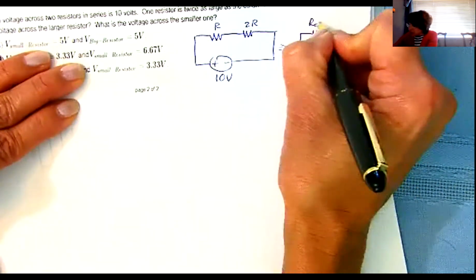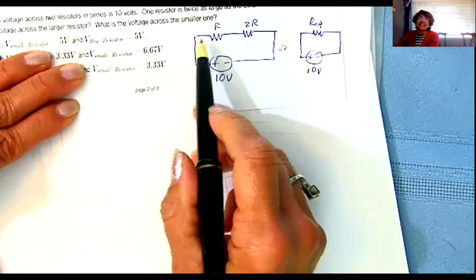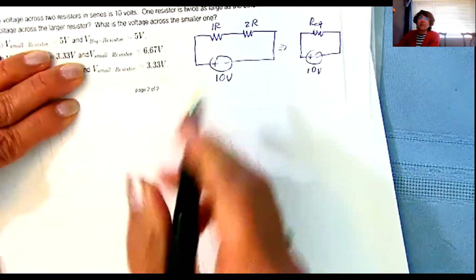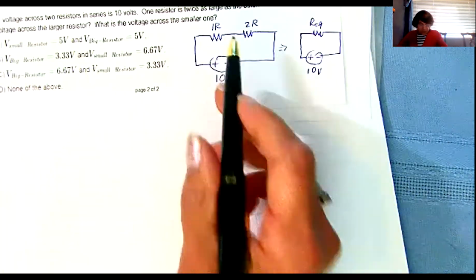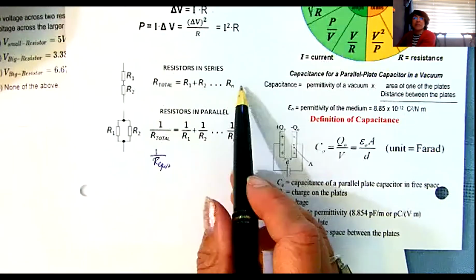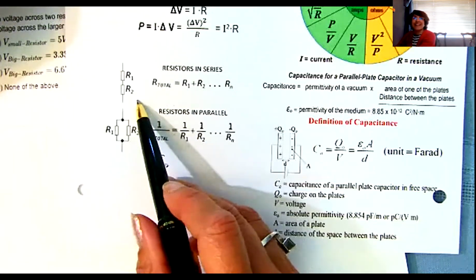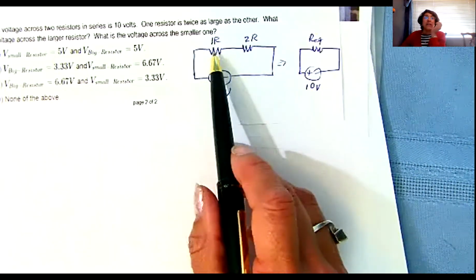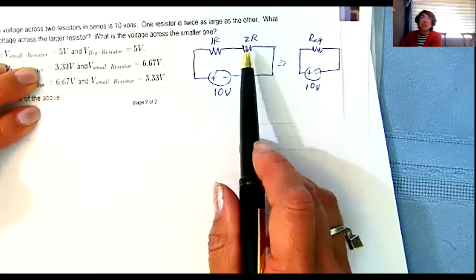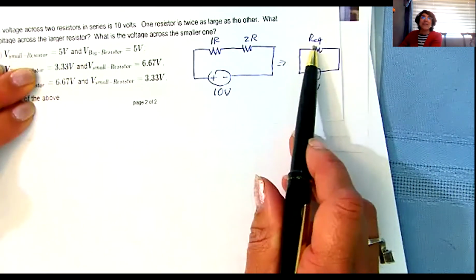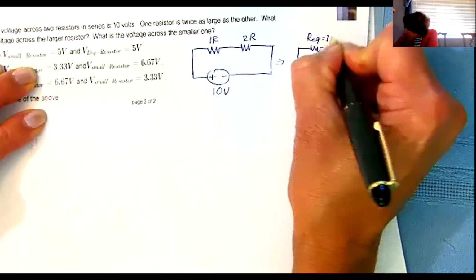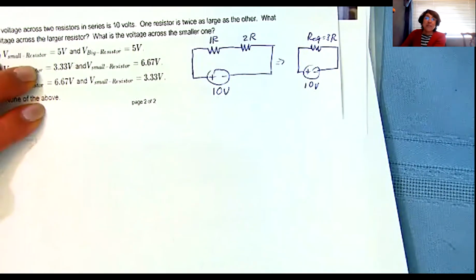Remember, resistors in series, you just add them up. That's all you do. So I've got 1R, I put a 1 because we're used to coefficients, and a 2R. So what's our equivalent equal to? 3R. Yes, 3R. So whatever R is, it's 3 times it.